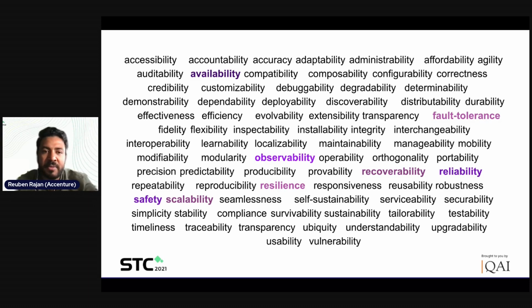For example, attributes related to availability, fault tolerance, observability, safety, scalability, resilience, recoverability, reliability. And all of these system quality attributes have to be evaluated, monitored, managed, and continuously improved upon.